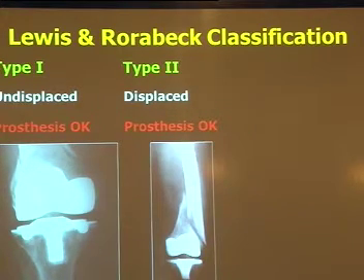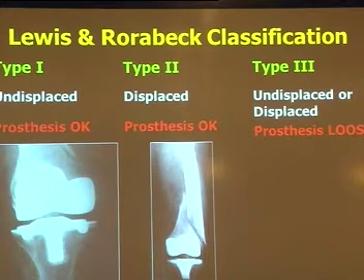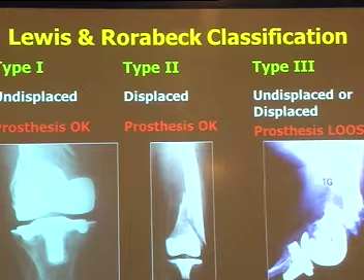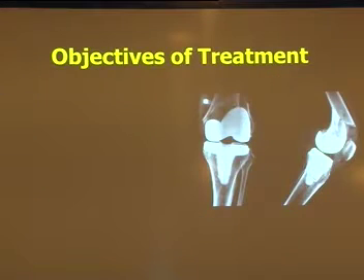An example like this, where you get a periprosthetic fracture soon after a total knee, and you find the fracture is displaced but your implant is stable. And then we have the type 3 where the fracture could be displaced or undisplaced, but the prosthesis is loose. As you see in a case which is after several years of total knee, and the patient gets a fracture which is usually after a loose prosthesis as well.